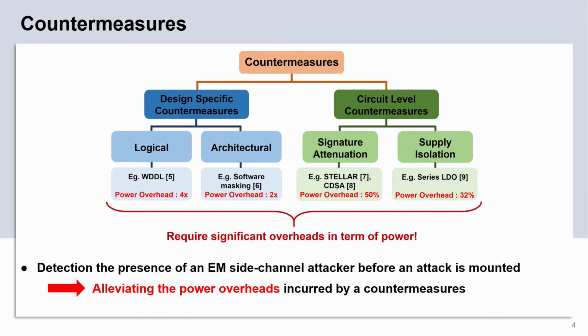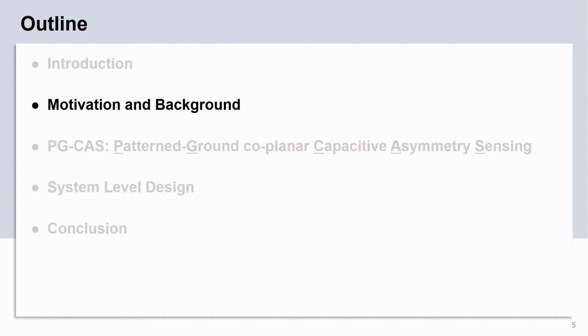Also, this strategy of EM side channel analysis attack detection can be augmented with an existing countermeasure such that the protection circuitry is only enabled when an attack is detected. This would significantly minimize the power overhead compared to the always-on countermeasure. Until now, we looked through why we need approaching probe detection.